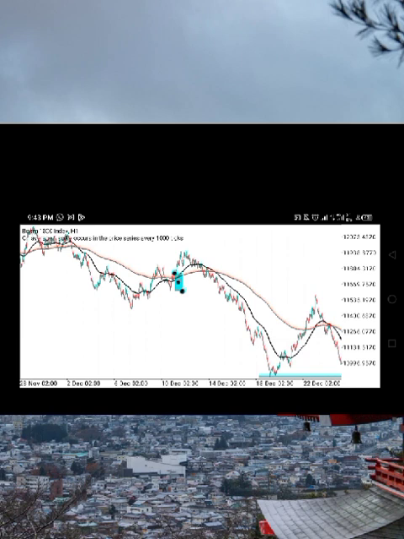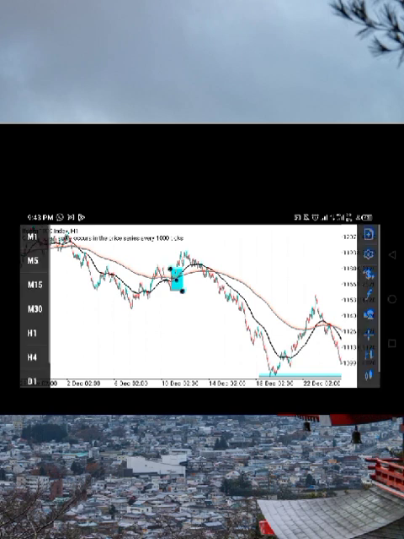If we were to follow the strategy that each time there's a crossover you enter the market, we could have taken a buy entry at this point because there was a crossover there. But if we had taken the buy entry, imagine what could have happened.